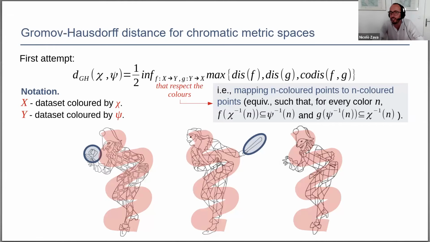But if they are not in a shape, it's not really that relevant. The blue points are relevant only in relation with the red part. So in this case, we couldn't use this first definition, the chromatic Gromov-Hausdorff distance, to compare these objects.